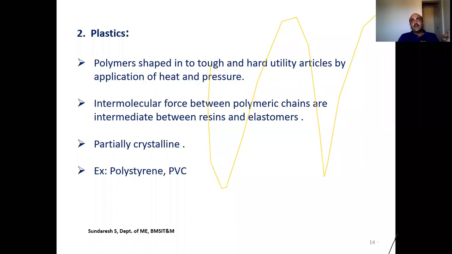Basically, the resins and elastomers have extreme intermolecular forces, and in between them is the intermolecular force of the plastic. This kind of plastics are partially crystalline. Examples of such polymers are polystyrene and polyvinyl.